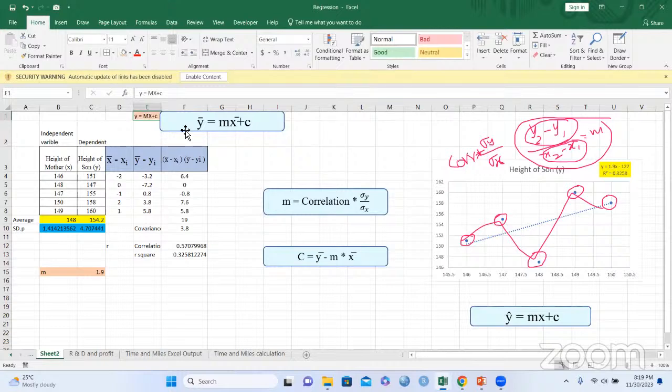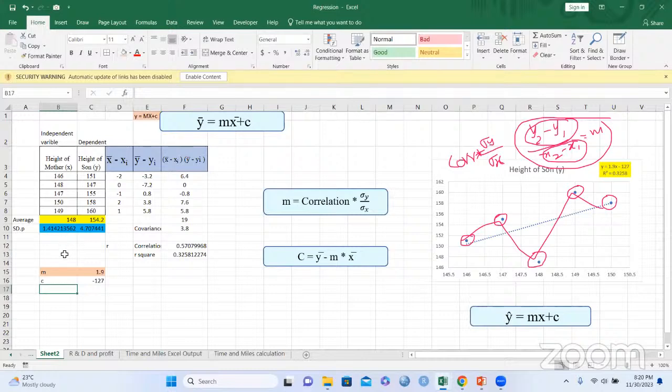Since we have multiple observations, we are using the average values instead of individual values. So c will be equal to y bar, my y bar is here, minus slope, which I have just calculated, multiplied by x bar. X bar we have also calculated. So if you just click that, it will be like that.